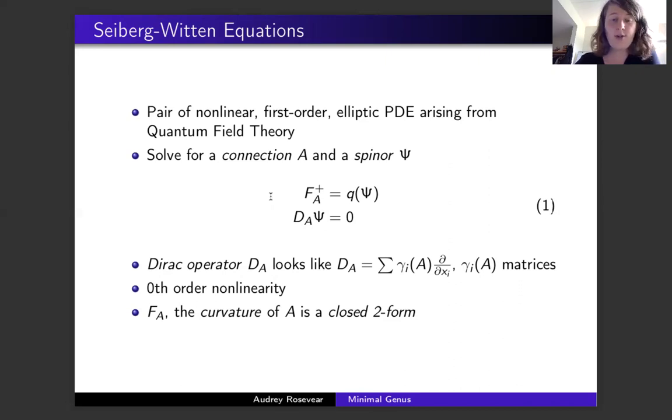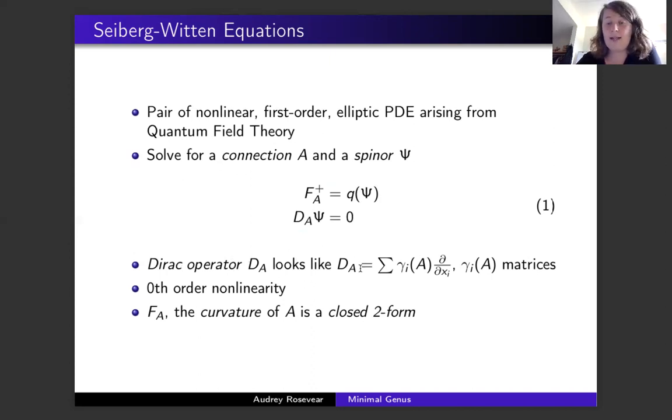So if you look at the equations, you have F_A, the curvature of A, that's a linear differential object, first derivative. You have Q of psi, your spinor. That's quadratic, 0th order, doesn't involve a derivative. And then you have psi lies in the kernel of this differential operator called the Dirac operator.